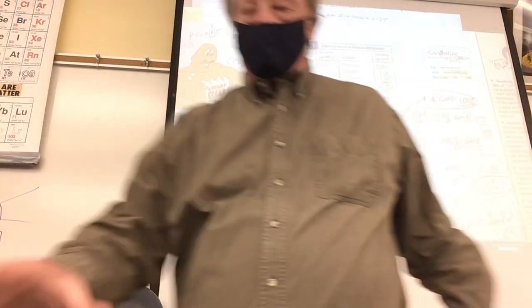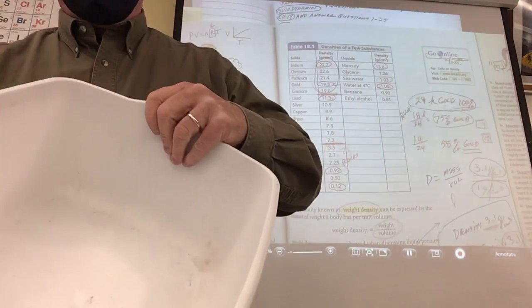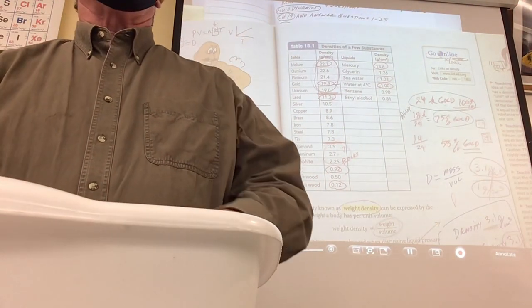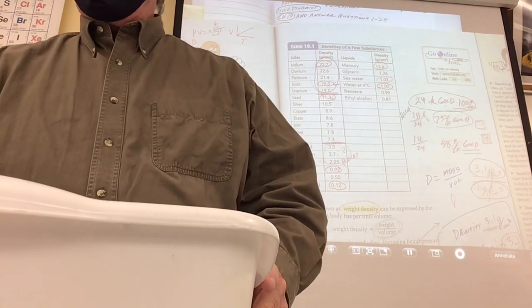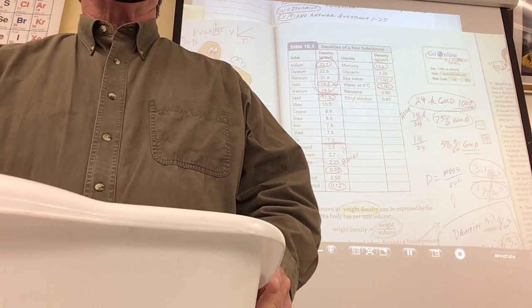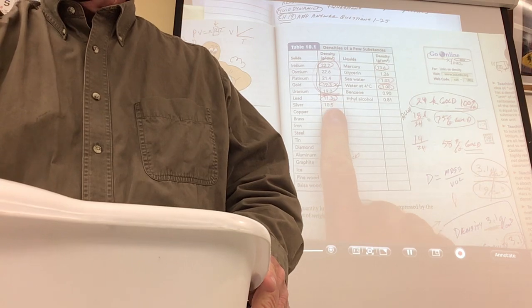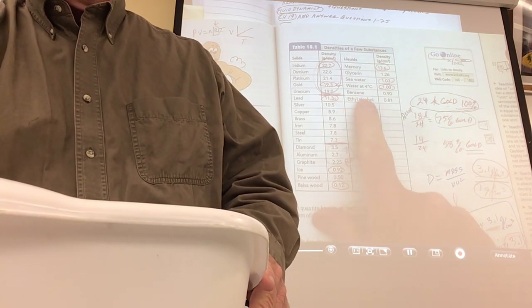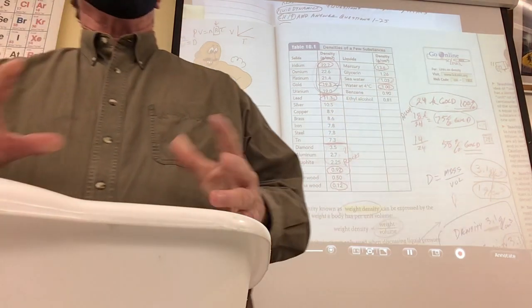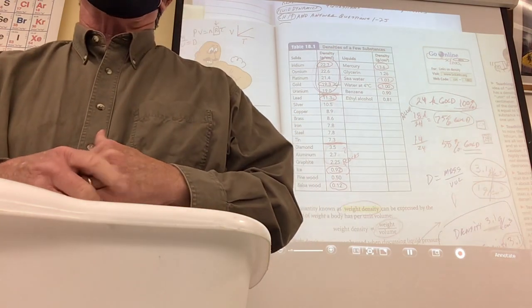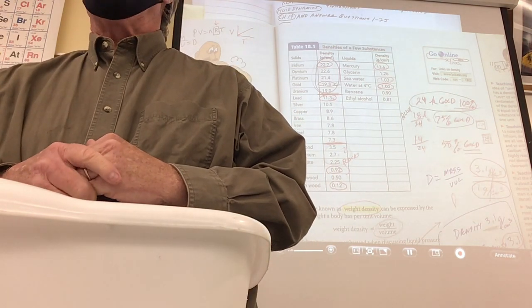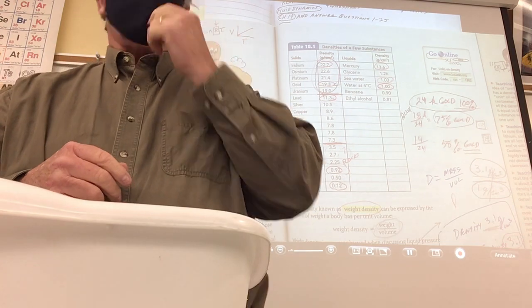All right, so what I'd like you to do, even though you think you understand what something dense is, I don't have any gold like that, but I have something that is down here. There it is. I do have something that's about 13.6 grams per cubic centimeter. I have mercury, okay?